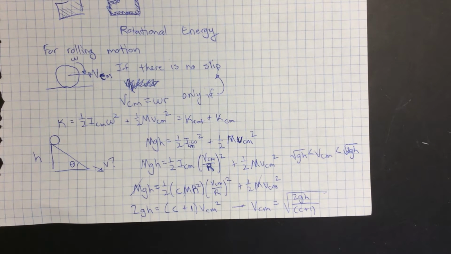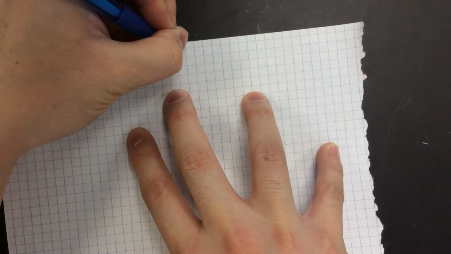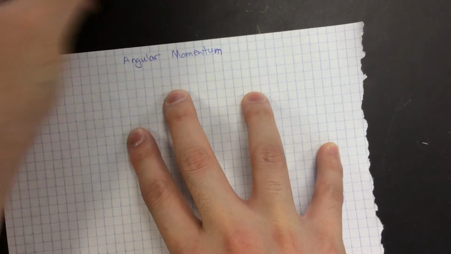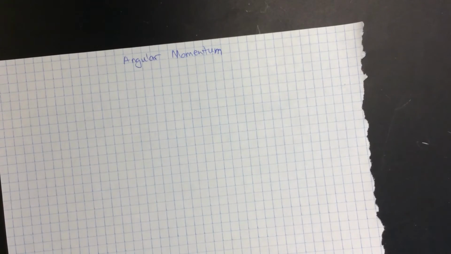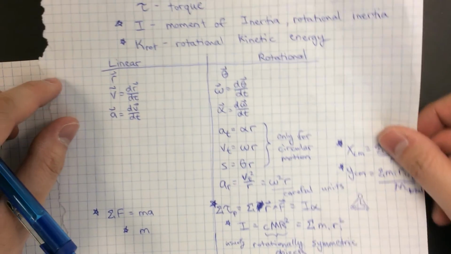Okay. Since we have time, we can actually get through one of the last parts of this, which is angular momentum. Actually, I didn't include that on this list. We can go back and include it on this list.